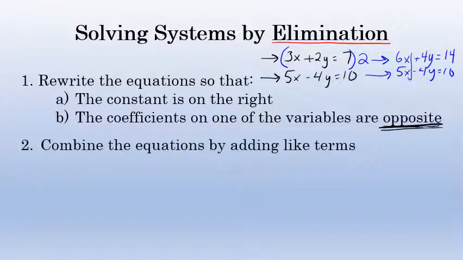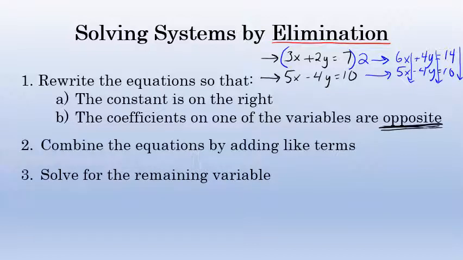You'll combine the like terms on the x and the y, and you'll combine the constants. This will eliminate one of the variables because the coefficients on one of the variables are opposite. When you combine like terms, one of those variables will have a coefficient of 0. It will be eliminated from the equation.